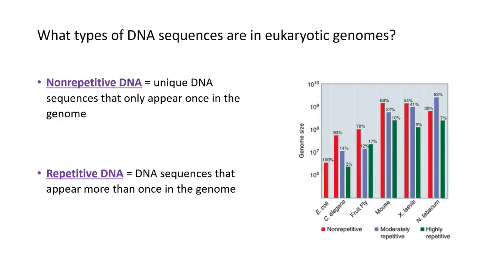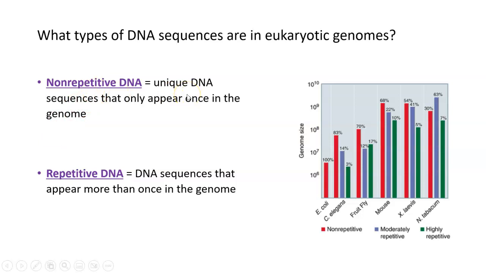And so when we start to look into genomes, or all of the DNA contained in an organism, we see certain types of DNA sequences, or A's, T's, C's, and G's, right? Nitrogen bases, that are either repetitive or non-repetitive. So non-repetitive DNA is DNA that doesn't repeat, right? Self-explanatory.